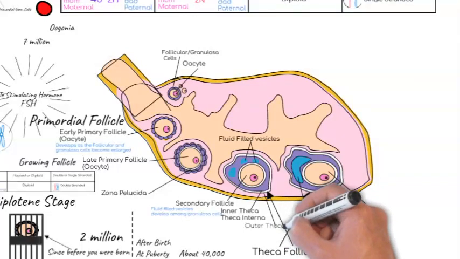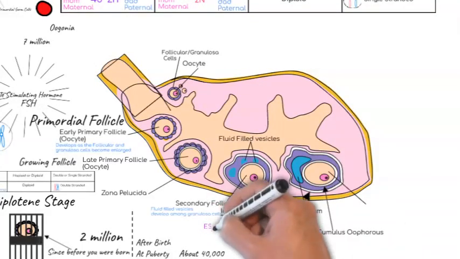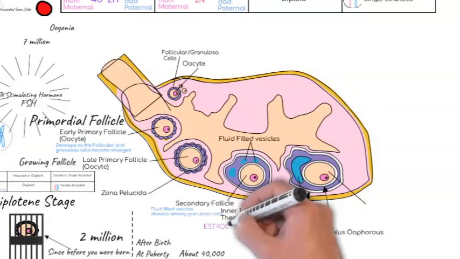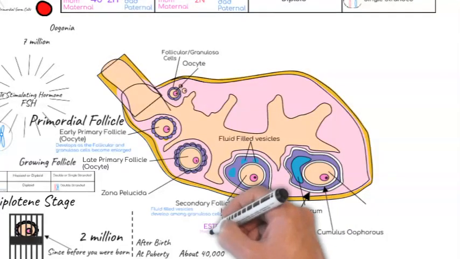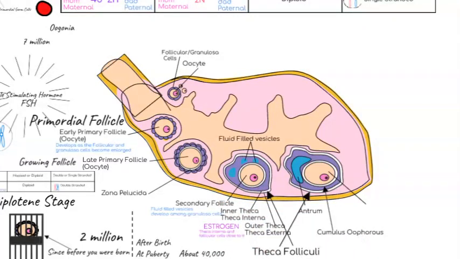The internal layer is called theca interna, and the external layer is called theca externa. Later on, we will learn that the theca interna cells, along with the follicular cells that are close to it, produce estrogen. The secondary follicle keeps on growing, and the primary oocyte will come out of its arrested state.